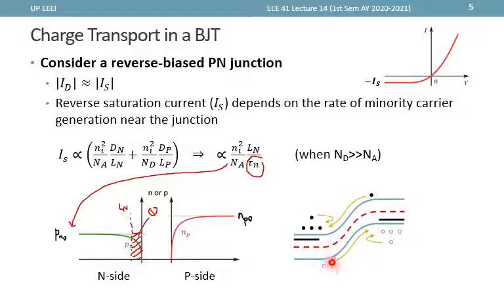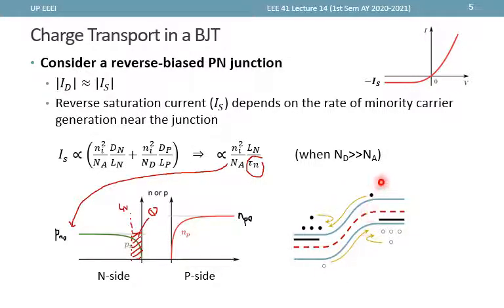On this portion, there is very low hole concentration because they are being swept on the other side. And to maintain this current, we are actually waiting for carriers to randomly get to this point before being swept to the other side.